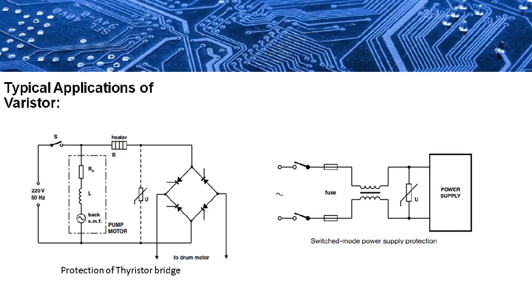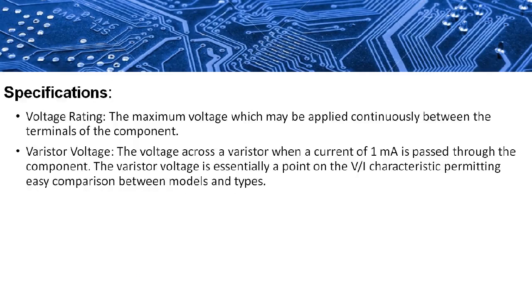The varistor placed across the thyristor will suppress that transient and protect the bridge. On the right side, the varistor is placed between the line and neutral of the incoming power supply. It will protect the switched mode power supply in case of transient or over voltage.